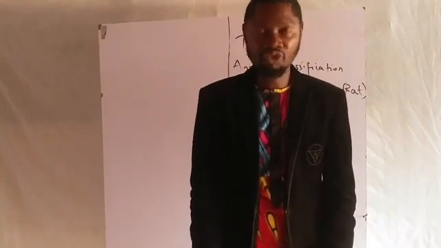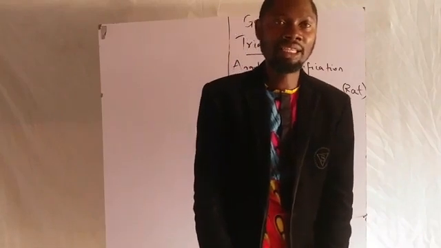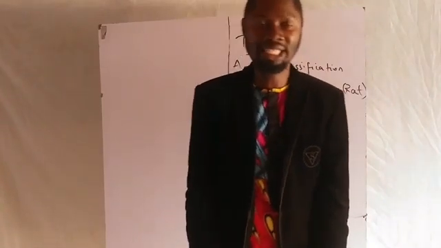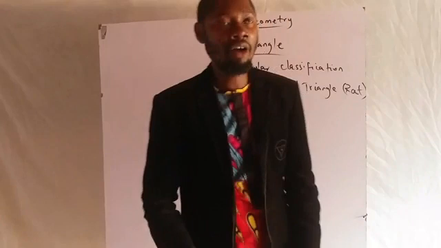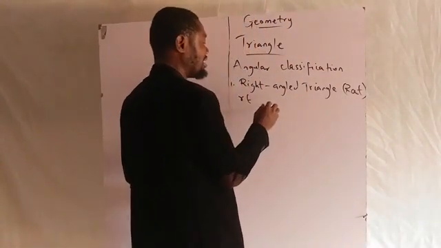Quickly, let me help you understand that this type of triangle is gotten from the bisection of a full triangle, which will result in the 90 degrees.